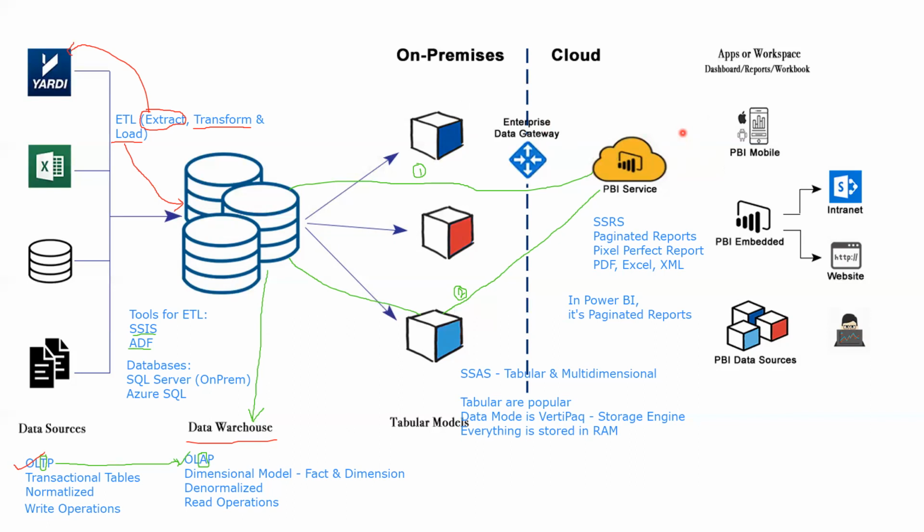So this is the complete overall flow. Once you have requirements, let's say I get a requirement to show inventory management, then I will be connecting to the data warehouse based on the tables that I need for the reporting. Let's say one is the inventory table and the other one is the products table.